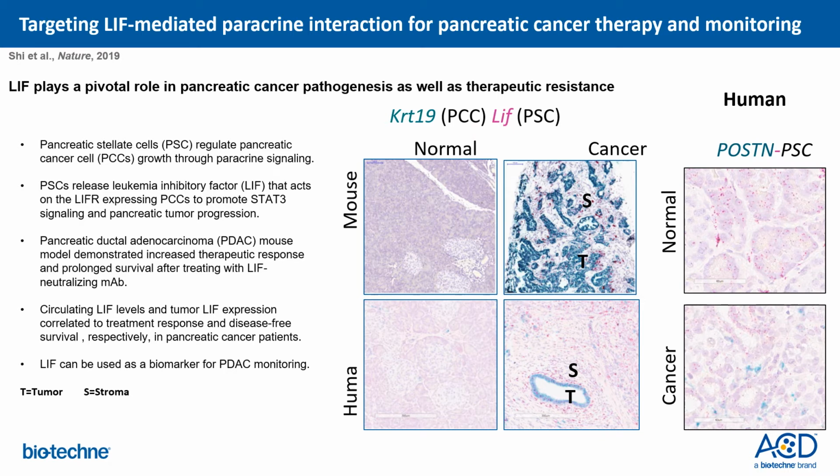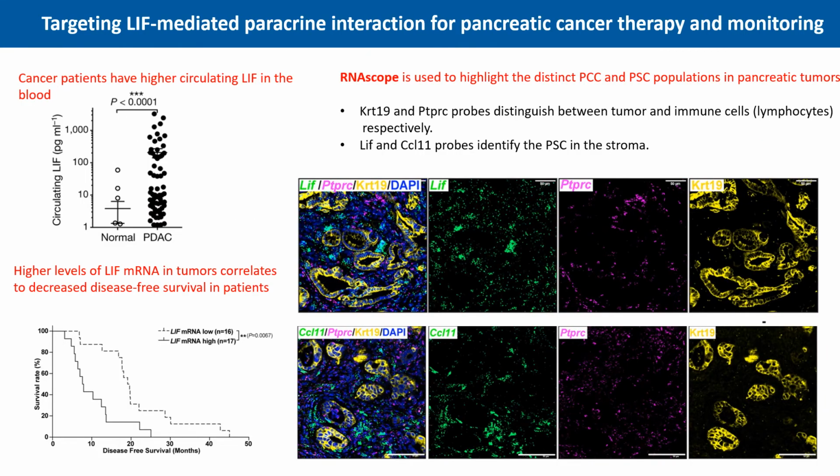So how is LIF actually exerting its effect on tumor progression? Upon further analysis and some more RNAscope analysis, they were able to establish that LIF is expressed in the stellate cells in the stroma and exerts its effect in a paracrine fashion on the keratin-19 tumor cells and assists in tumor progression.